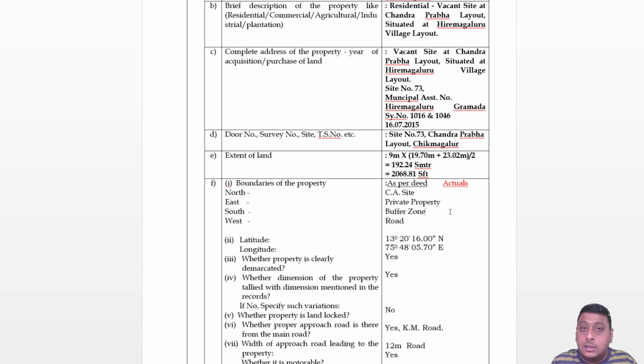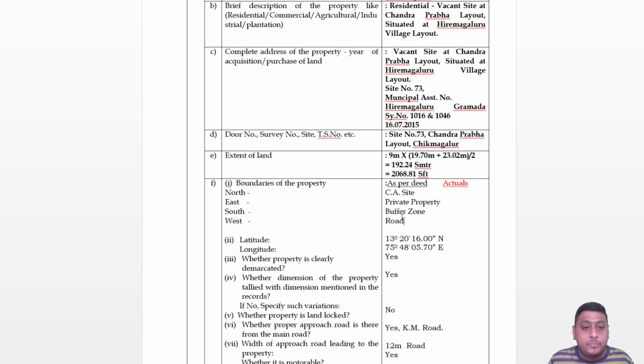South, buffer zone, there was a small channel, we have mentioned it as a channel. And the road is on the west side, so the site is facing west. So this information we have to cross verify with the documents, and actually see it visually and confirm whether the property he is showing is as per the document.